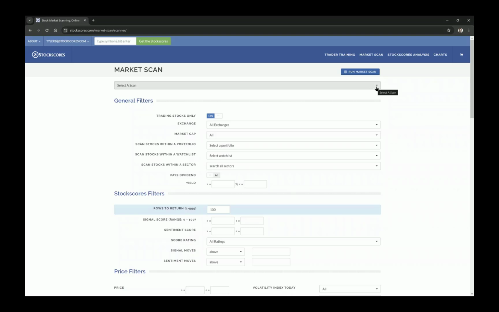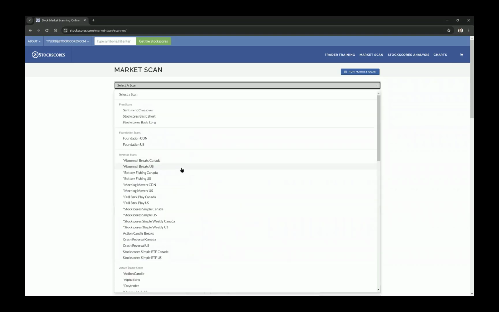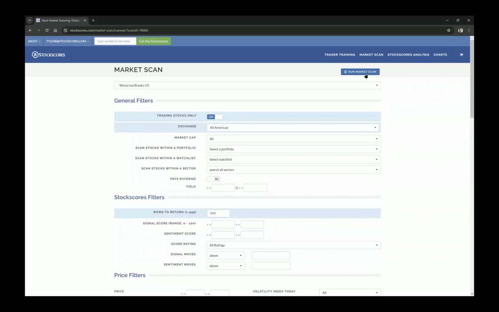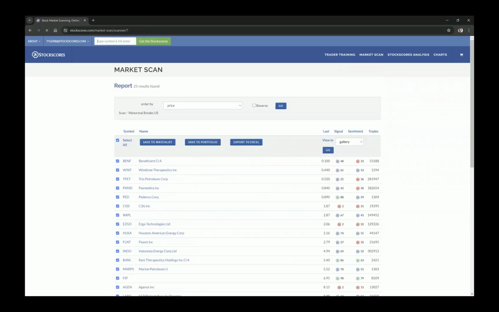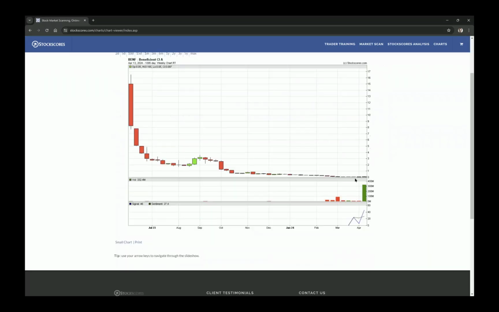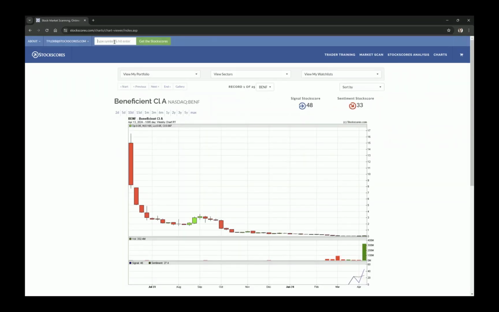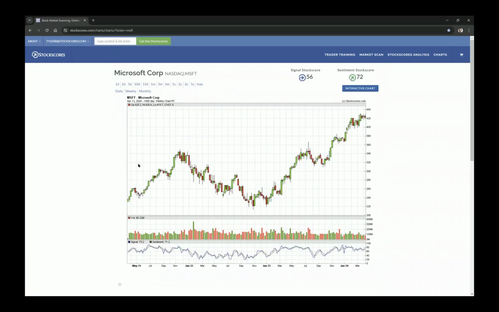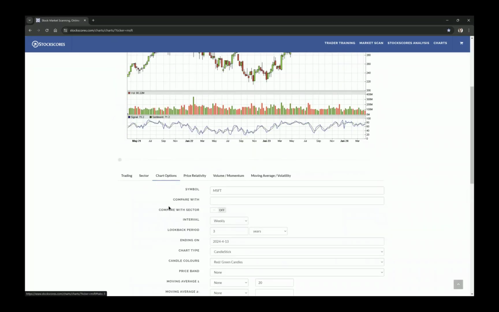What scan should we run? Let's run the abnormal breaks US. We already did the Canadian one. So there's 25 stocks that made an abnormal gain on Friday. Now what we're going to do is view their charts to see if they have a good chart pattern. I first have to reset my chart to a daily chart, because remember we changed it to a weekly.